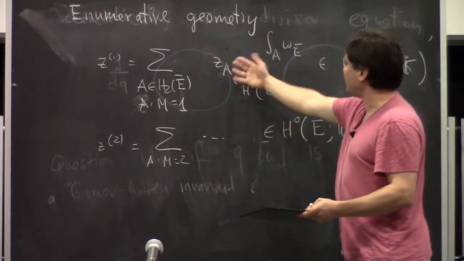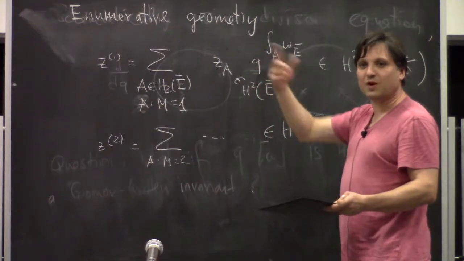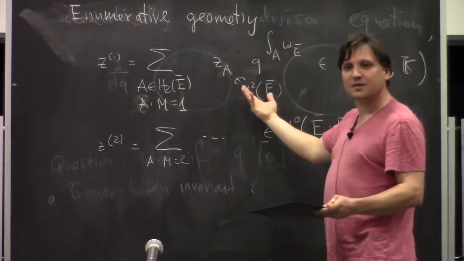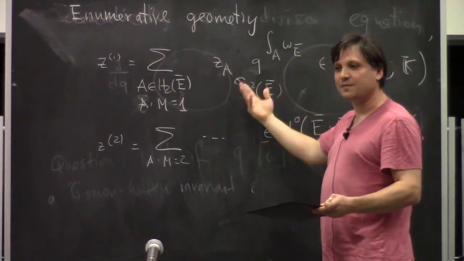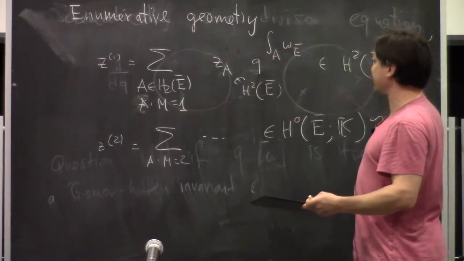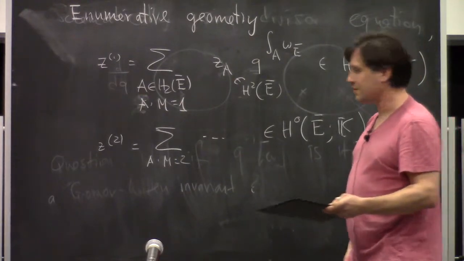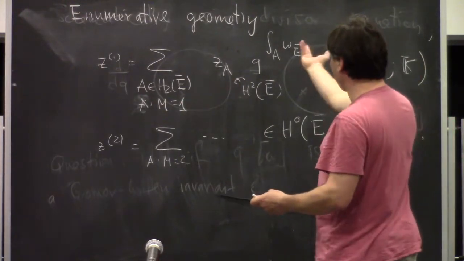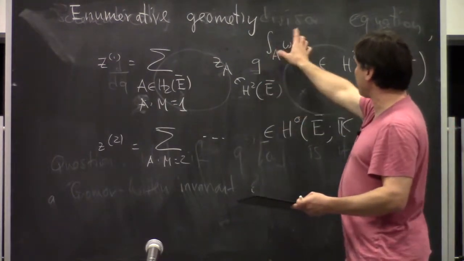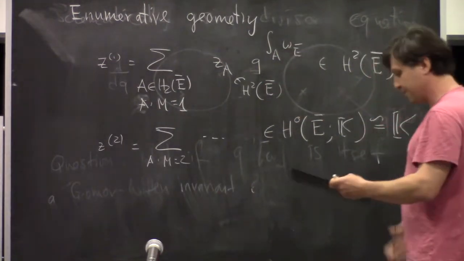Z_A counts the curves in homology class A with one marked point. So in practice, in this case here, it's a multiple of the Poincaré dual of A. Okay, I just want to say, formally you write this as this Q series. I think it's a one-pointed Gromov-Witten invariant. So don't worry too much about how I'm writing it. I just wanted to remind you that there's this formal variable Q.